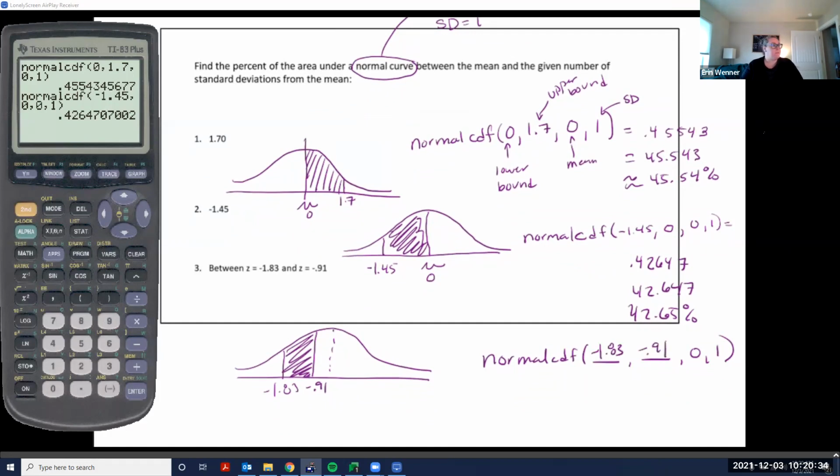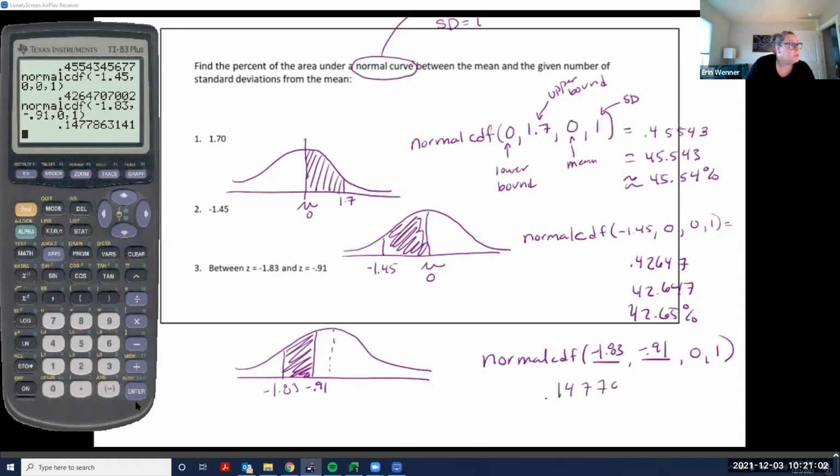So when we put this in, we're going to do, again, normalcdf, negative 1.83, comma, negative 0.91, comma, 0, comma, 1, and we get 0.147786, which becomes 14.7786, or approximately equal to 14.78%.